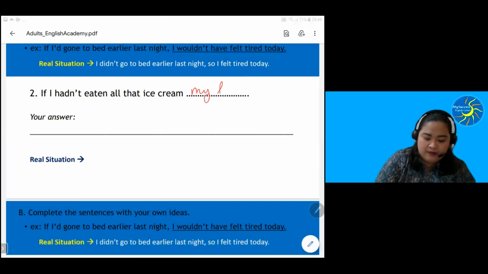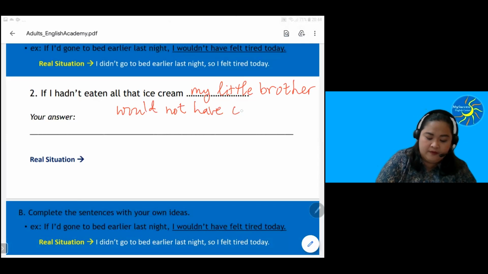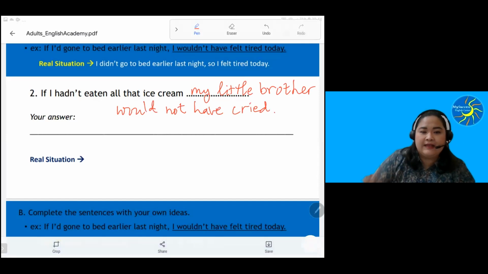My little brother would not have cried. Yeah? So if I hadn't eaten all that ice cream, my little brother would not have cried. Anyway, you have to remember when you write a third conditional sentence, remember to always put a comma after the if clause. This, there. Yeah?